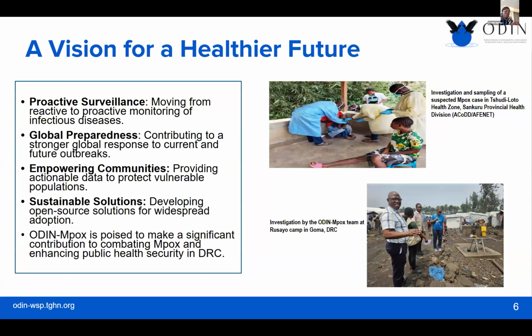For the future, in one word, I can say that we need to move from reactive to proactive monitoring of infection. You can see in the photos, the first one is sampling on a child who is suspected to have Mpox. And the second is our DRC team in Goma, inspecting sites, refugee camps, where wastewater, open sewage, and drinking water are not well disposed.